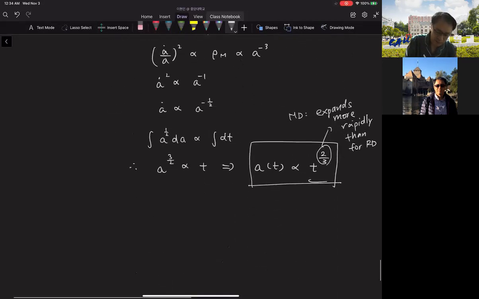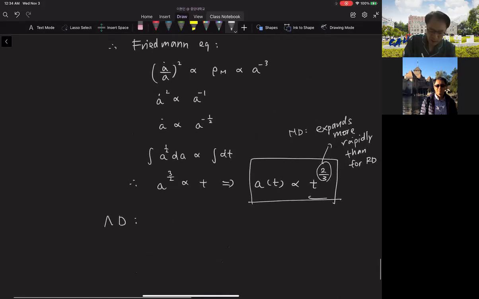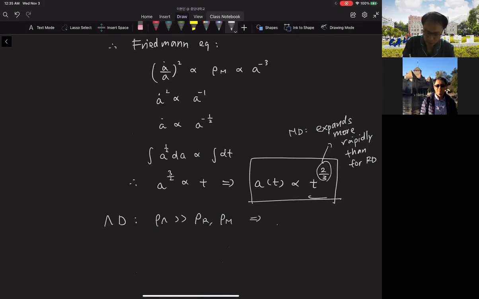Finally, for vacuum energy domination, the vacuum energy is much larger than the other two, radiation and matter. Then the total energy density is approximated by the one for vacuum energy, which is constant.